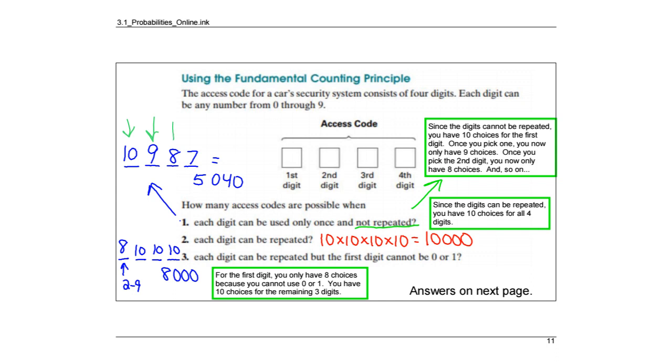Then for the next one, I only have 8 choices because I can't include the 2 numbers that I put in the first and second digit, and so on. So for this one, there's only the 4 digits. So I have 10 times 9 times 8 times 7, and that gives me 5,040 different ways to type in a 4-digit code if I don't repeat numbers.